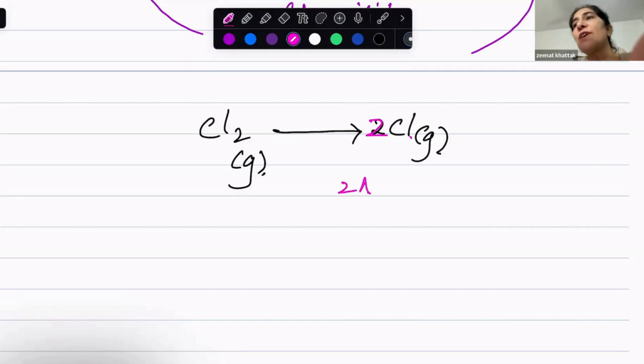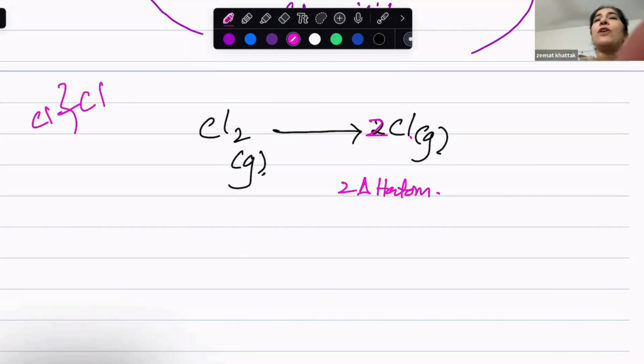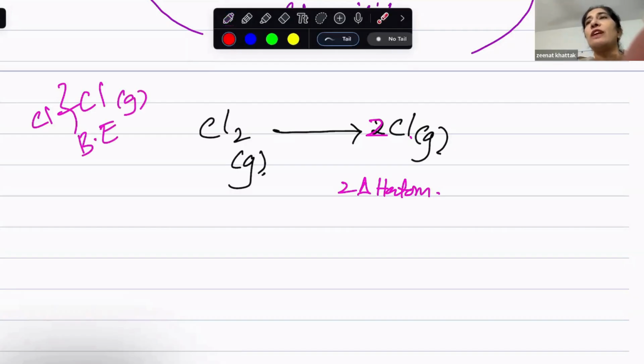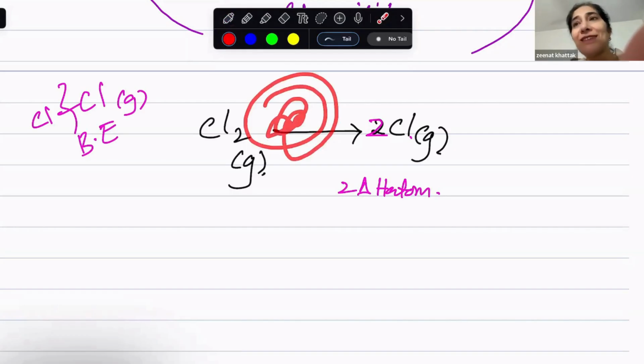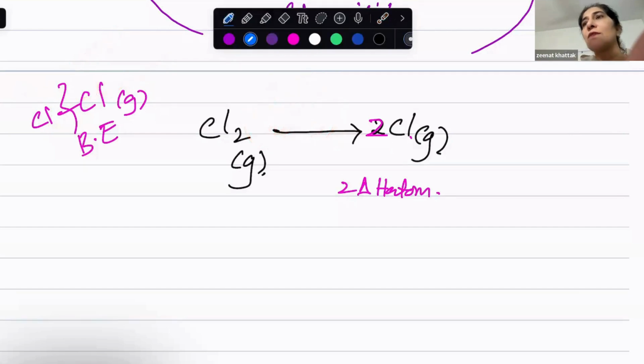Is it 2 times atomization? Yes, because it is made from its element. And if I break the covalent bond energy in gaseous, so do you think that the bond energy of this is equal to 2 atomization? Yes. It is bond energy equal to 2 atomization.